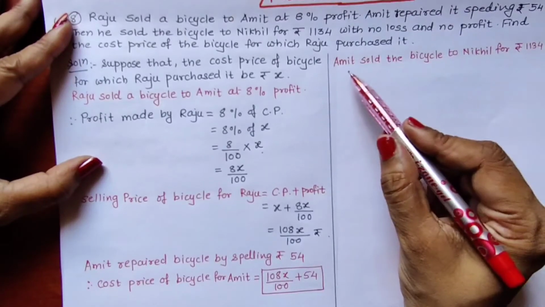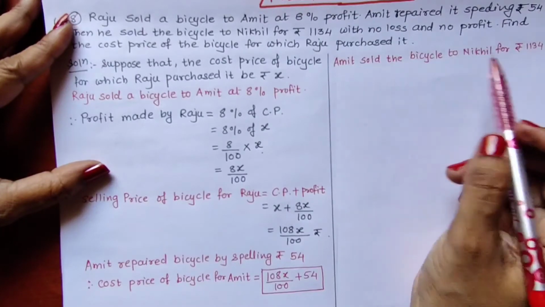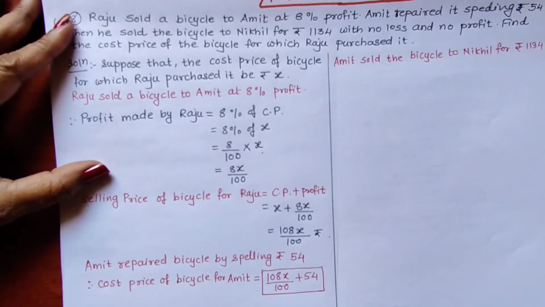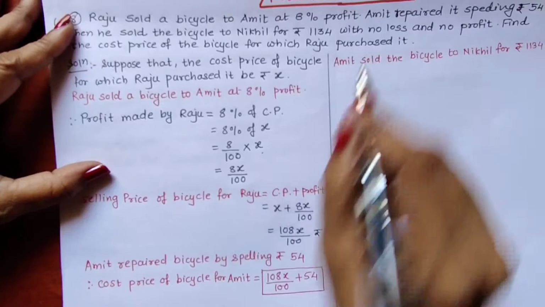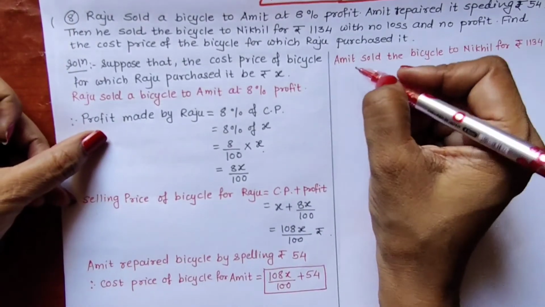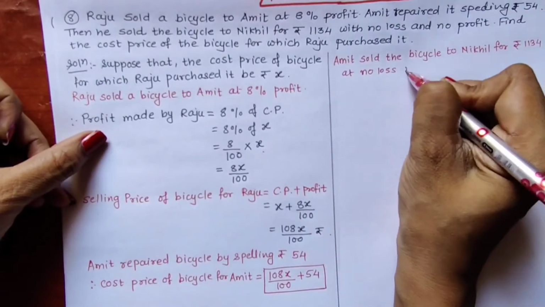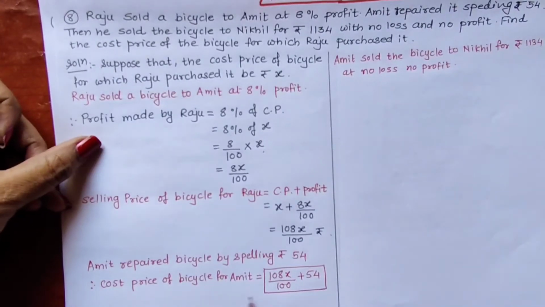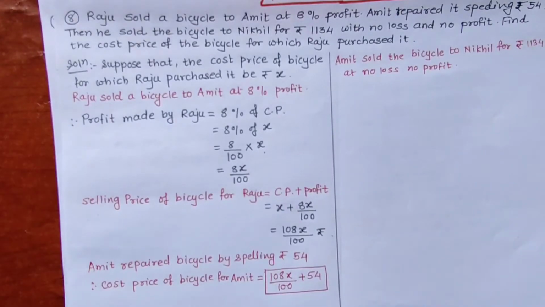So this is the selling price of the bicycle for Amit, and the cost price of the bicycle for Nikhil will be the same, at no loss no profit. At no loss no profit means what? The cost price for Amit will be the same as the cost price for Nikhil.